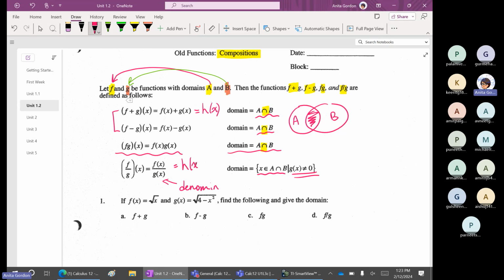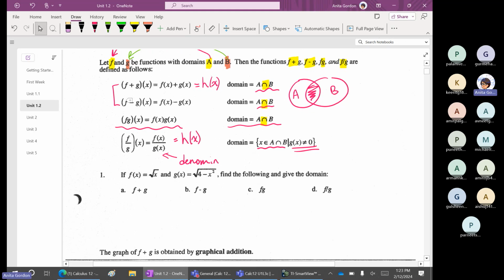Okay, so again, this is h of x. So we're going to be combining different functions and trying to figure out what is the domain when we put these guys together.